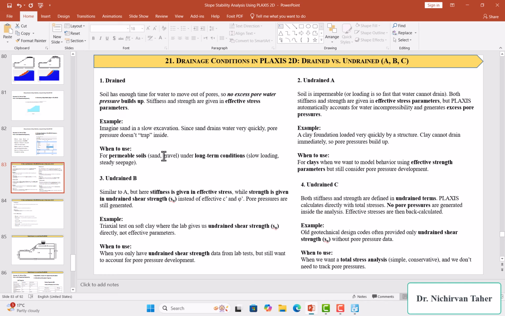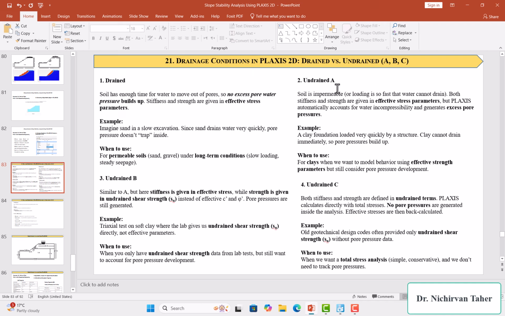We should use this condition when we have a permeable soil like sand or gravel and want to consider the long-term condition, or when we have slow loading and steady seepage. So when we use a drained condition, we define the stiffness and strength of the soil in terms of effective stress parameters, and no excess pore water pressure is generated inside the soil.